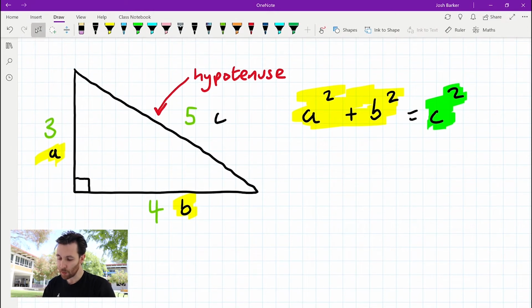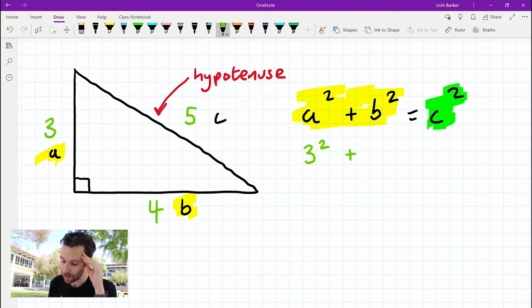Okay, so if we take that equation, a squared plus b squared equals c squared, what I'm going to do now is substitute in the values from the triangle that we've drawn for ourselves. This is just to show you that it works. So a squared, well, the side length a is 3, so I'm going to type in 3 squared. I'm going to add that to the side length b, so 4 squared.